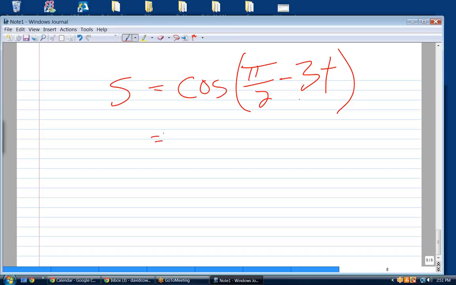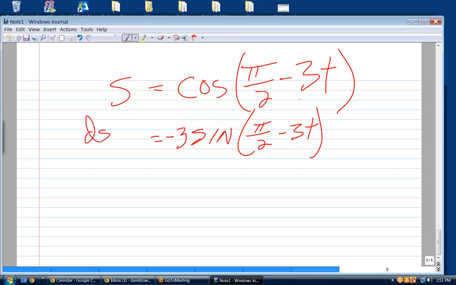So the outside first just becomes negative sine of the quantity. And then the inside, what do we do with pi? We just get negative 3. In other words, we're trying to get ds dt here. Okay? So that's one way to do it.